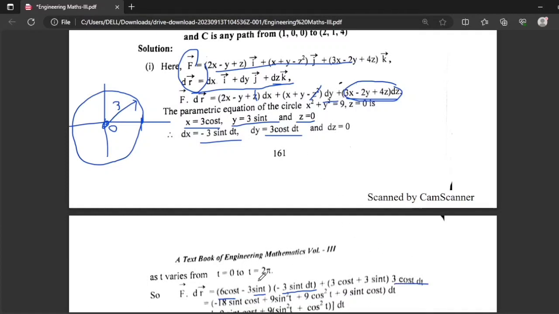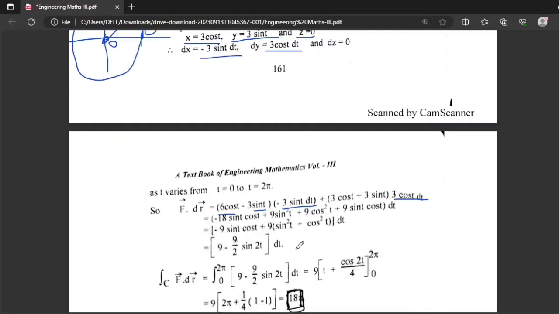The limit is from 0 to 2 pi because this is a circle, so to make a circle we have to rotate a line with radius 3 around the point. This is angle 0, this is pi, and this is 2 pi, so 0 to 2 pi.